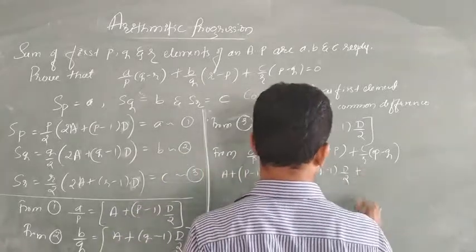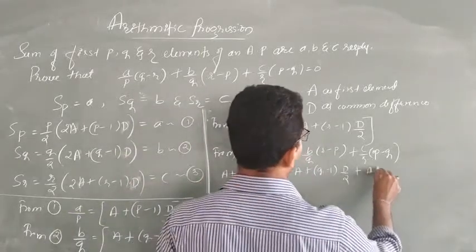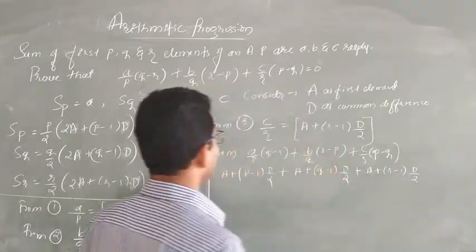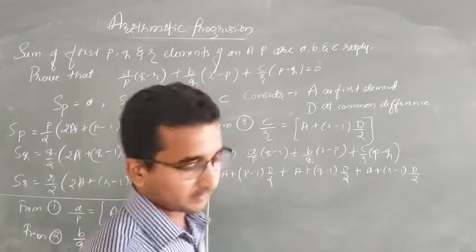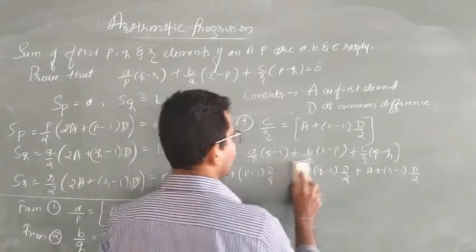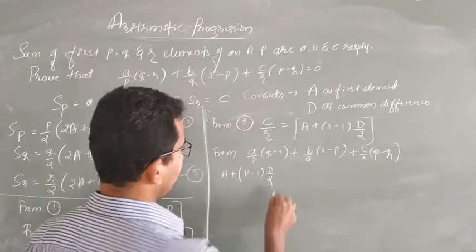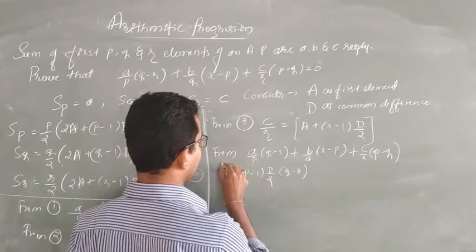Then plus c by r, that is again a plus r minus 1 into d by 2. So here I should get the answer as 0. I forgot the multiplication earlier, I am sorry. In place of a by p, that is multiplied by q minus r. Got it?